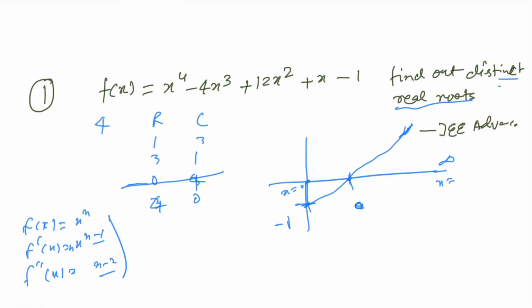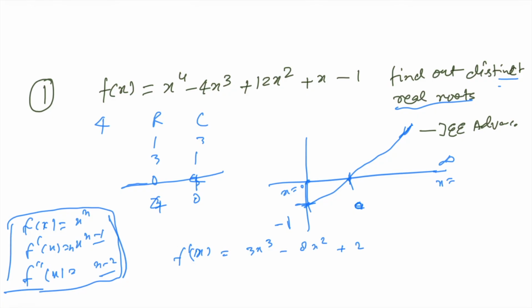So that way we can say, if it is differentiable, that means they are all real roots. So if we differentiate this function, f prime x will come 3x cube minus 8x square plus 24x plus 1.